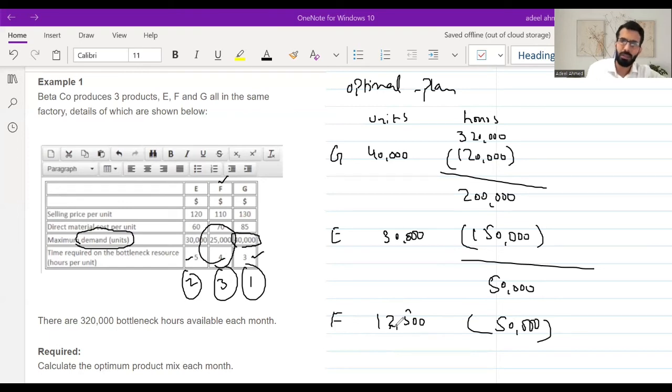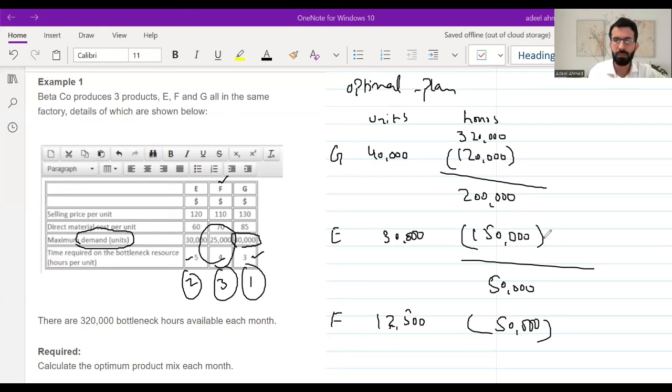Our optimal production plan, that is the number of units of each product, would be 40,000 for G, 30,000 for E, and 12,500 for F. So it means that we will not be able to meet the 100% demand for our product F. This is only because the total time available was limited, and as a result, we were not able to achieve our demand.